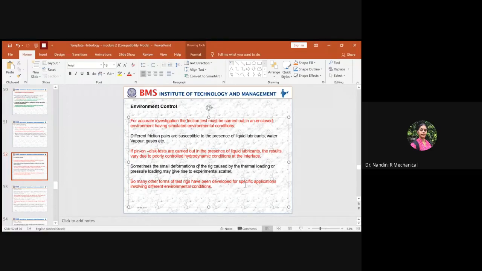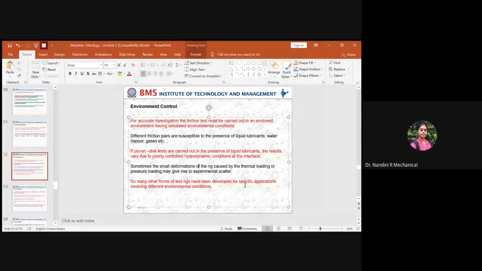So to overcome all these variations while measuring the frictional parameters, it is advisable to use proper environmental conditions with the least amount of variation. In that way, you can control the system or the environment within which you are housing your specimen of the mechanical components, to get the relative motion with high efficiency and reduced wear and tear.